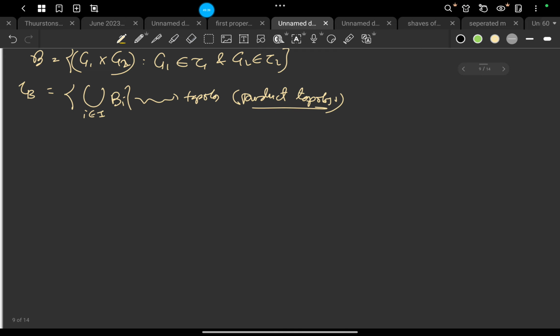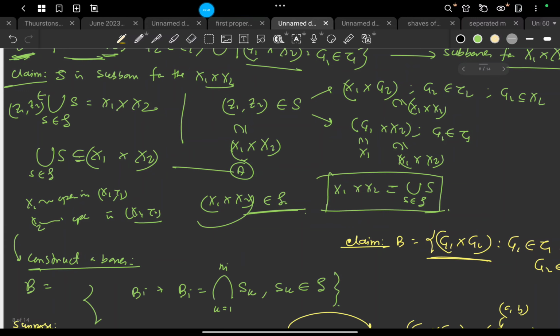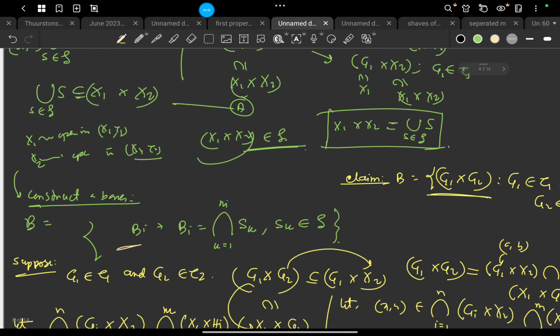I'm sorry, my fault: the basis which is constructed from the subbasis is nothing but all finite intersections. But once you want to construct the entire topology from a subbasis, then you have to take all arbitrary unions of all such finite intersections. That is basically how we construct the topology from a basis.